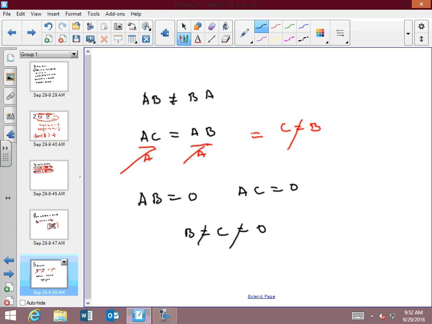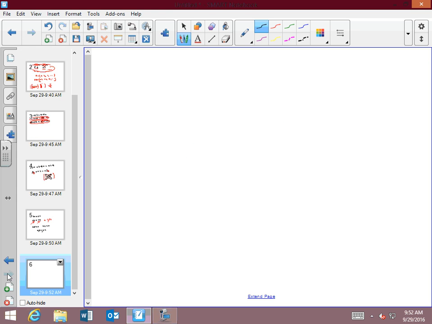Now there are going to be transposes that you do. Notice this is what a transpose is.